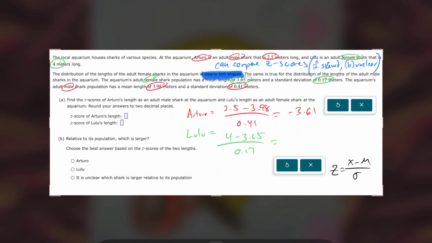Usually the numbers are closer together. So Lulu is bigger than the mean, and Arturo is smaller than the mean. So do that in the calculator, and you get 2.05. So that's those numbers for part B, which is larger. It's obviously Lulu because she's bigger than the mean. Again, you can only compare this if it's clearly bell-shaped, okay?